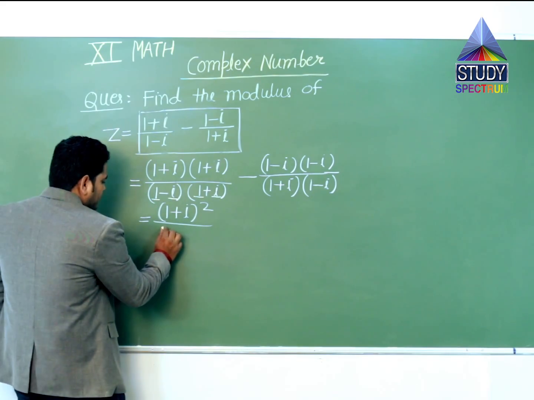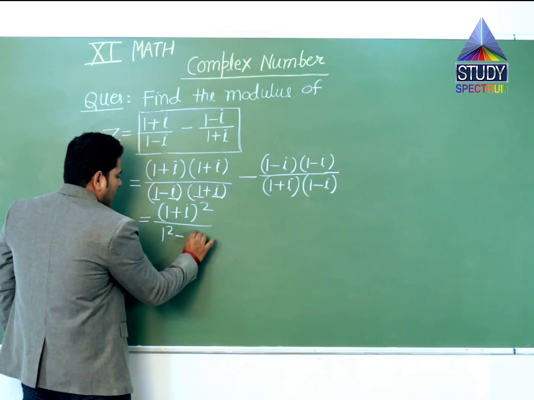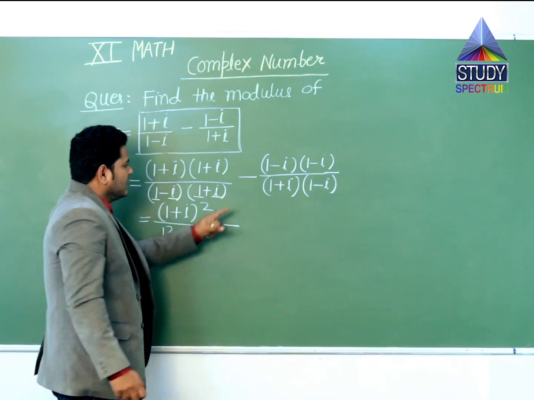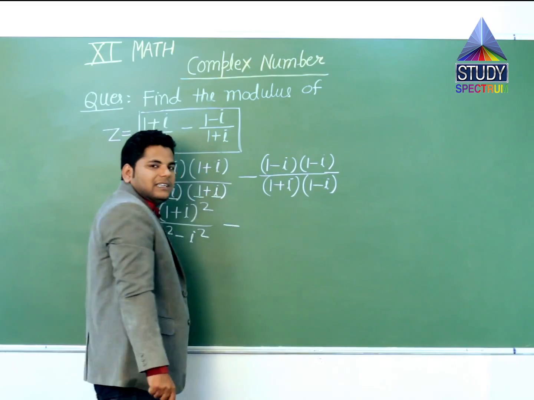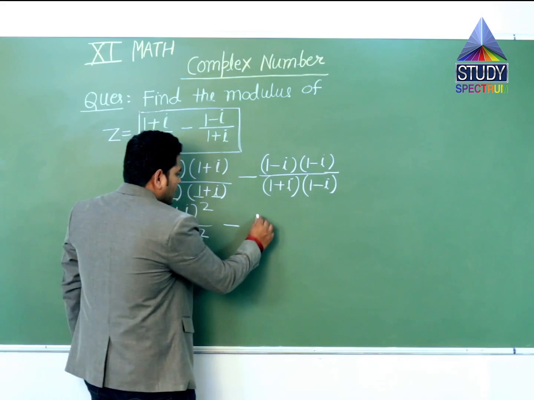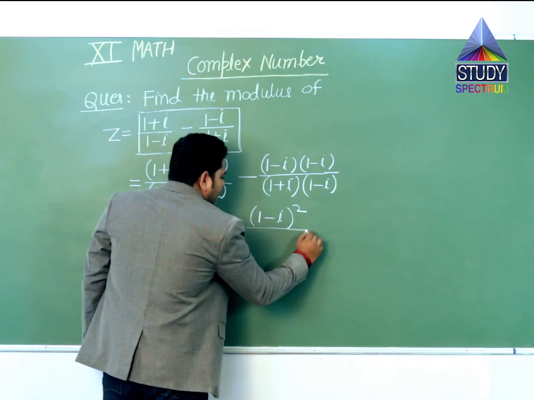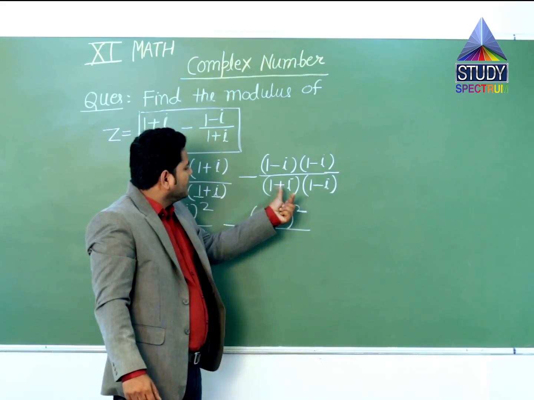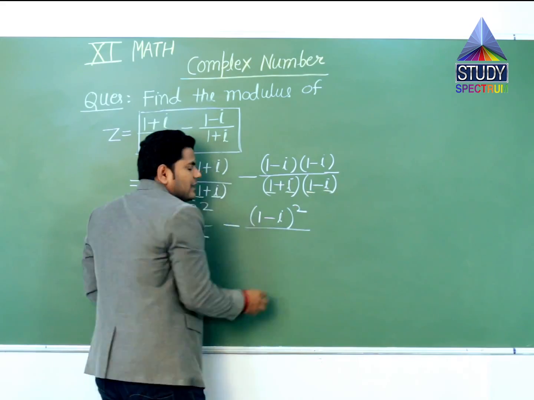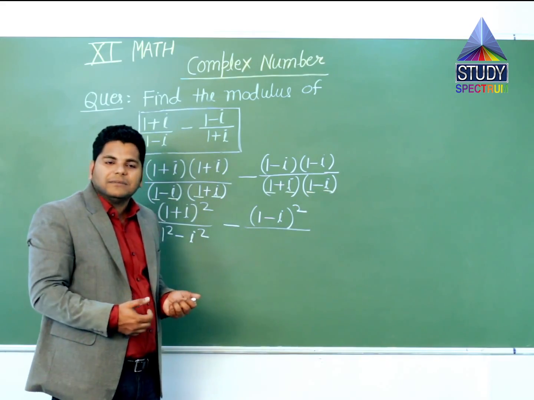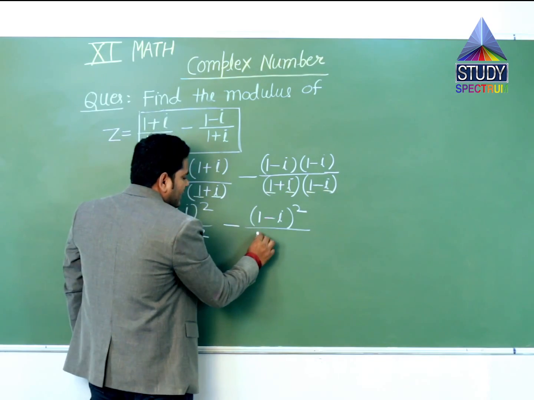So we'll write 1² − i². Minus, and this second numerator is (1 − i) into (1 − i), that is (1 − i) whole square. In the denominator again we have (a + b)(a − b), so a² − b², where in place of a we have 1 and in place of b we have i.